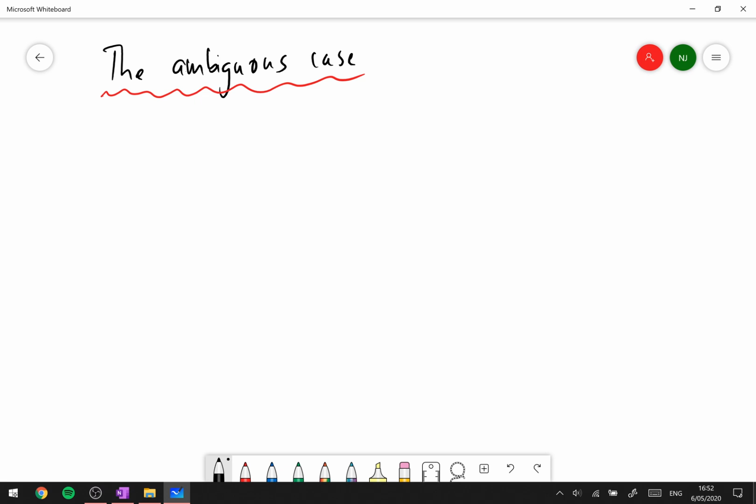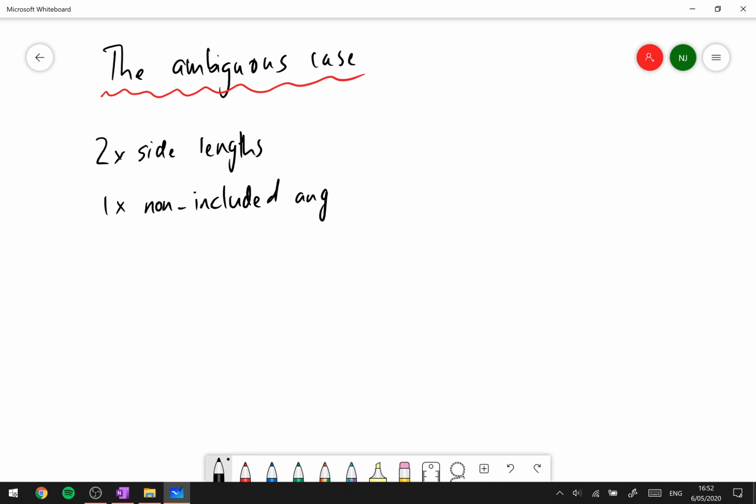You need to always test for this whenever you're given the situation in which you have, let's do it like this, 2 times side lengths and 1 times non-included, why did I put an N there?